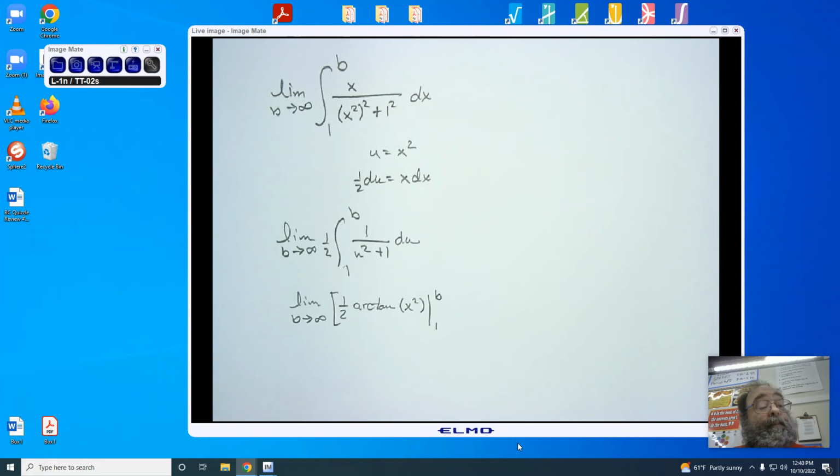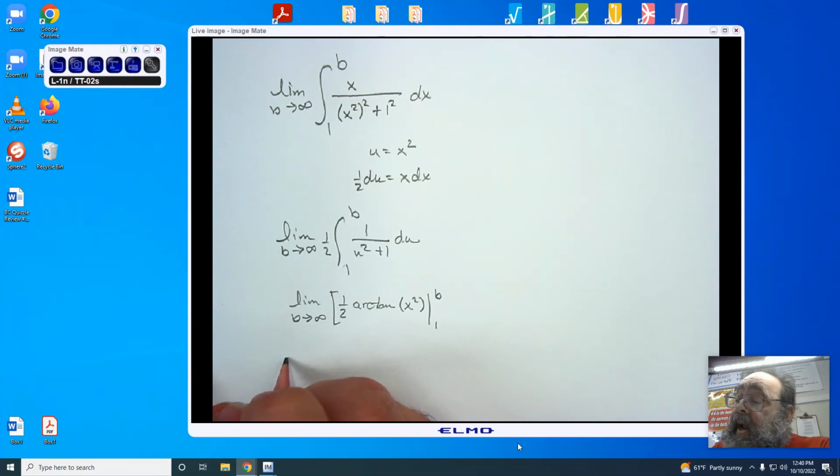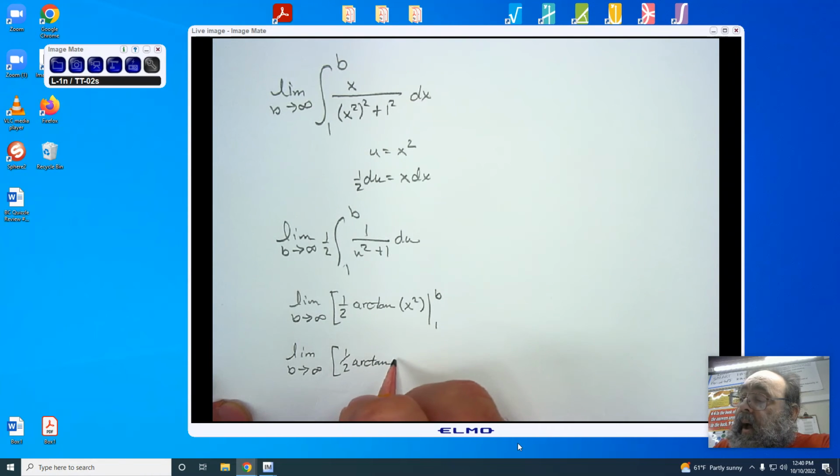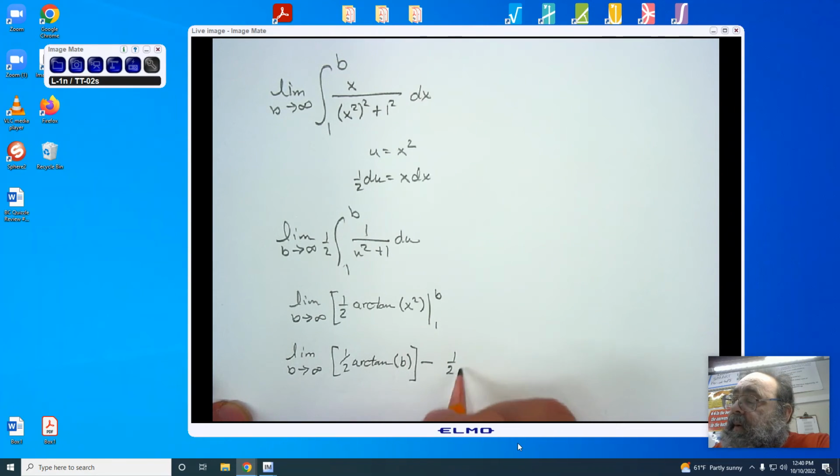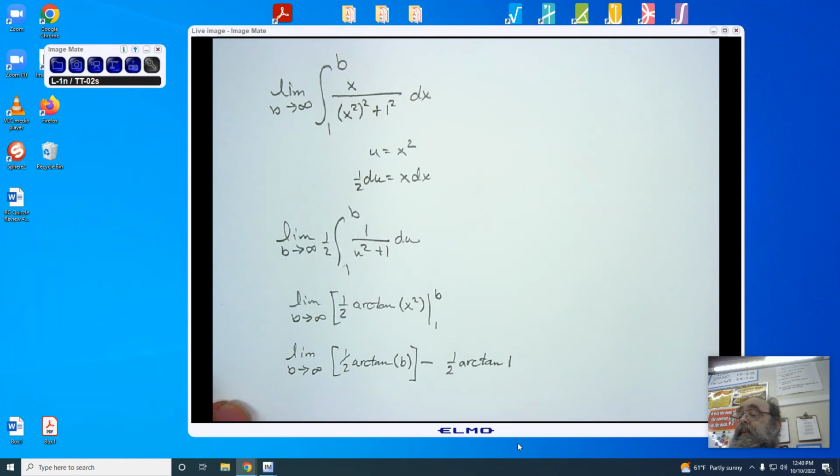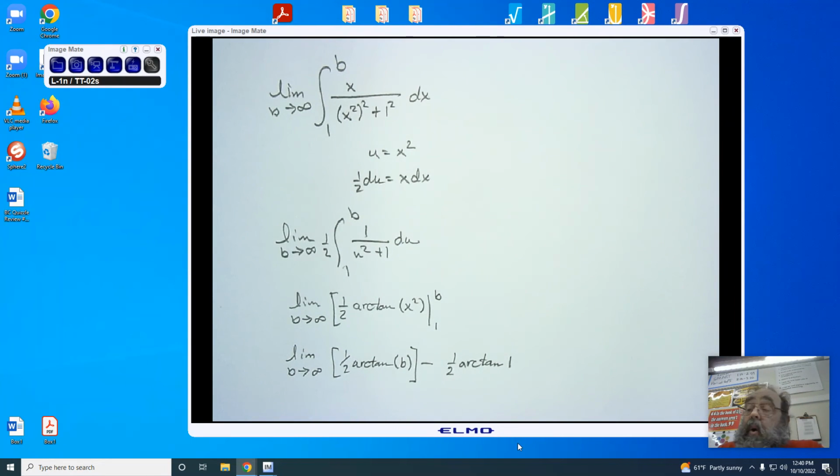Here we go. When I plug it in, I end up with the limit as b approaches infinity of 1/2 the arctan of b squared minus 1/2 the arctan of 1. Now, we know that the arctangent of 1 is pi over 4, so I can immediately replace that with pi over 4.